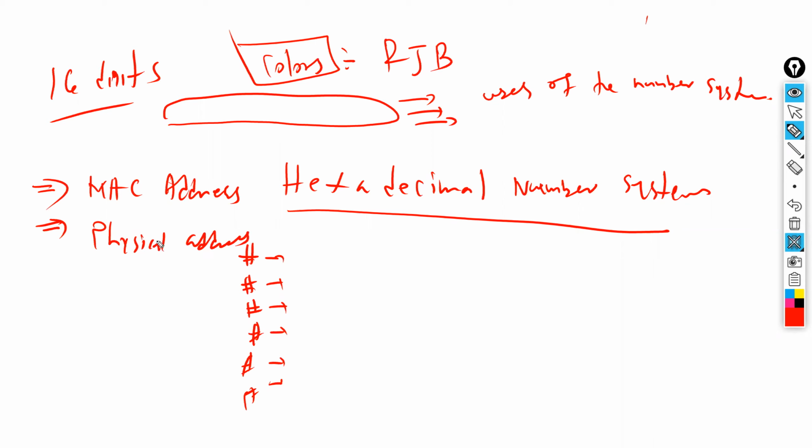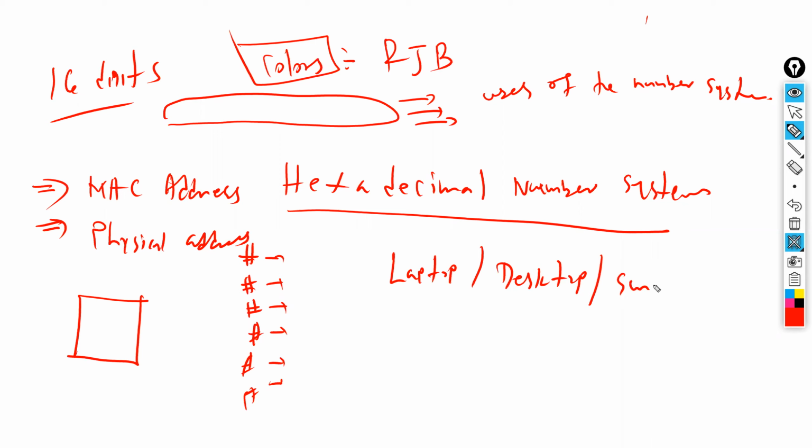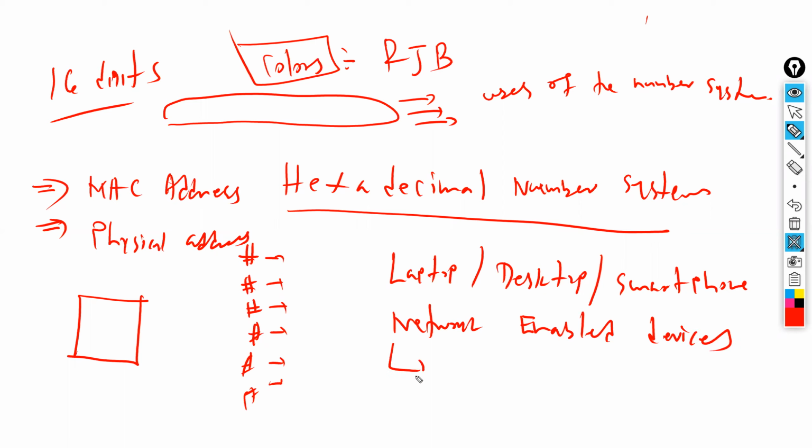Remember every computer, your laptop, desktop, smartphone, whatever network-enabled devices, we have this address called MAC address, media access control address, which is represented by the hexadecimal number system.